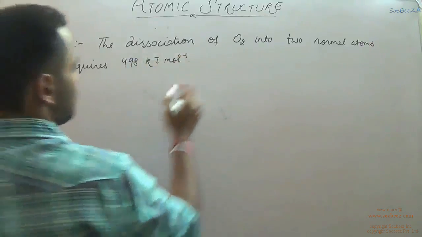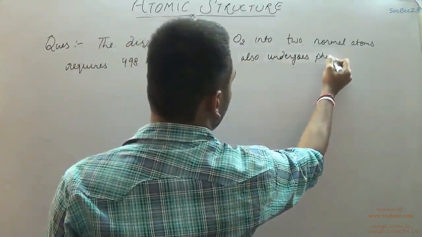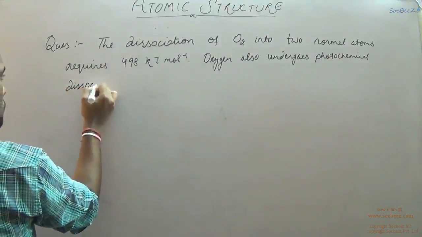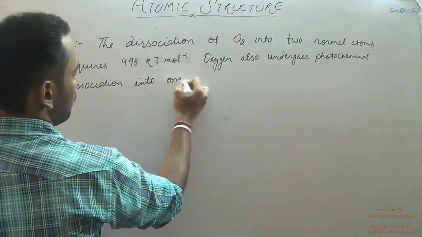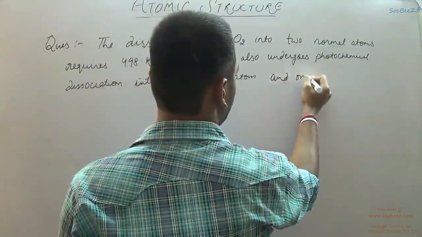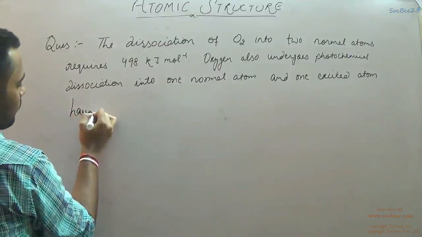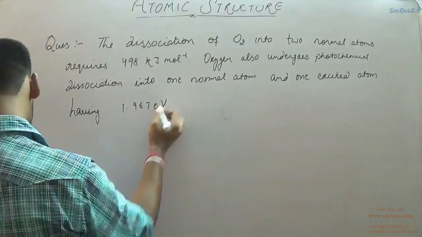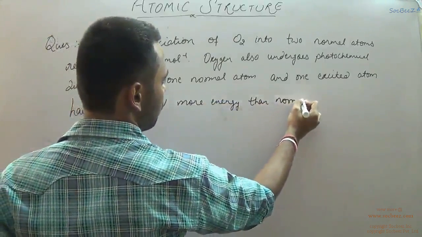Now oxygen also undergoes photochemical dissociation into one normal atom and one excited atom having 1.967 electron volt more energy than normal atom.